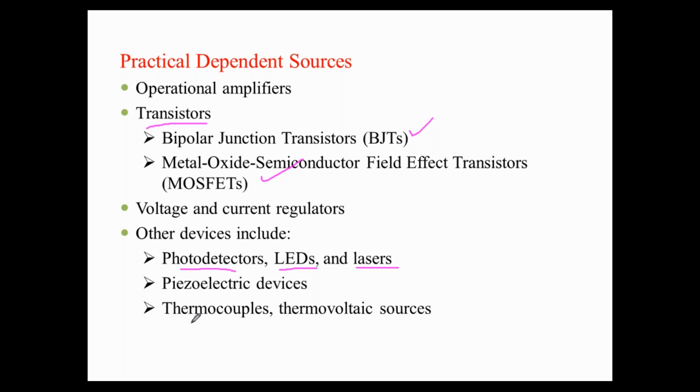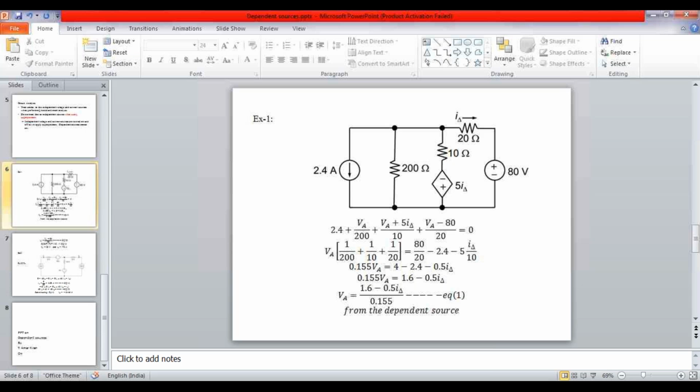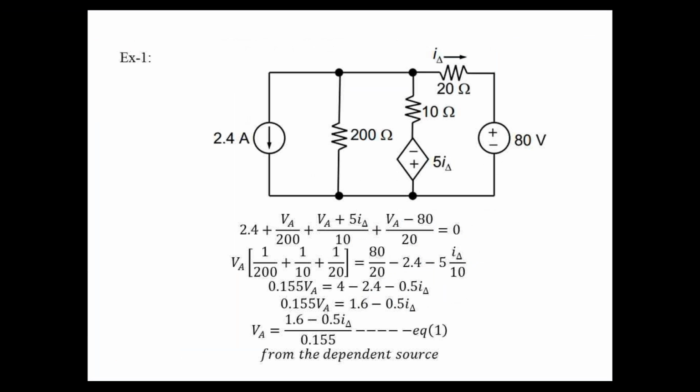Other applications of dependent sources are thermovoltaic sensors and thermocouples. In all of these applications, we need to use a dependent voltage source. The dependent sources are used in all of these.